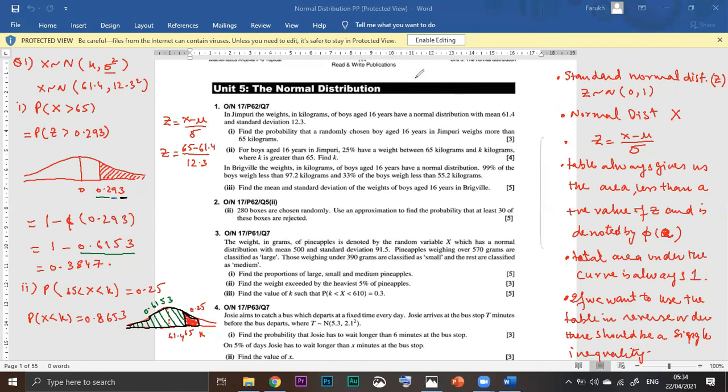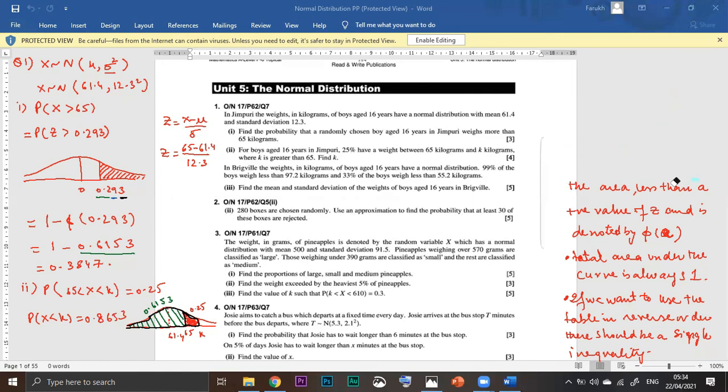Whenever we are using the table in the reverse order, there should be a single inequality, and if there is a double inequality, then we will try to convert that one into a single inequality. For this purpose, we will have to use the information in the previous part.